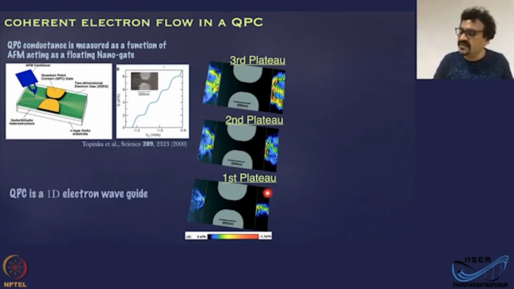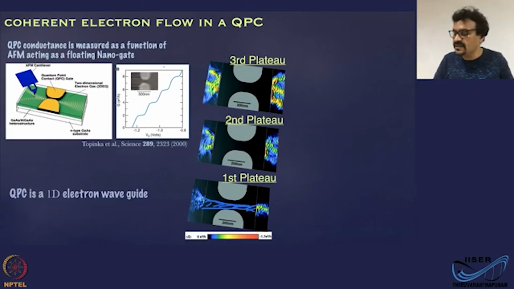Now whenever the tip is far away, if you have a single mode, that should be propagating close to the center. So when you are far away from the center of the constriction, you don't have any effect. But when you reach near the constriction, I can just interpolate these channels here, then you have an effect.